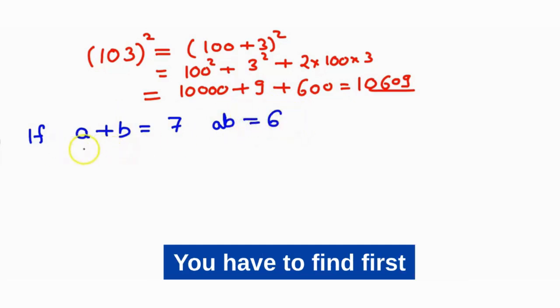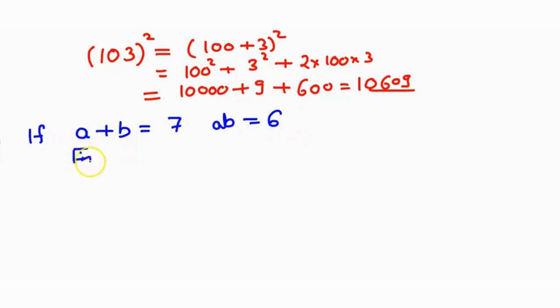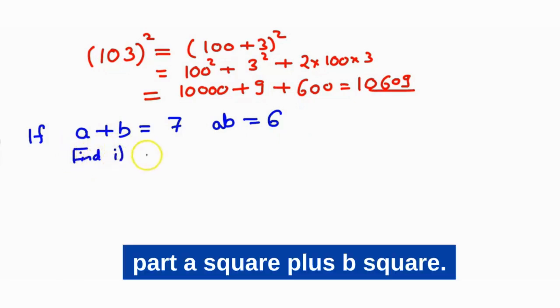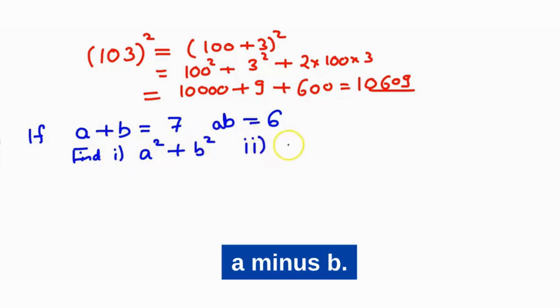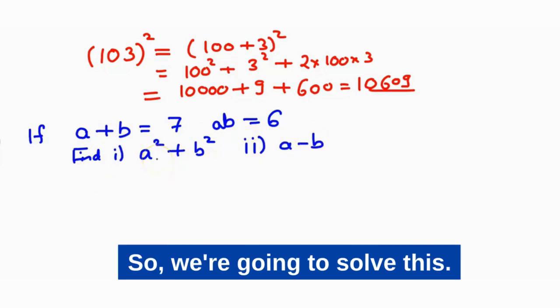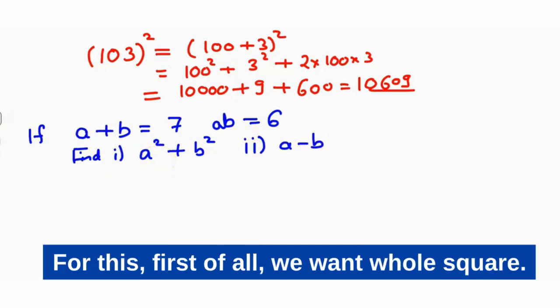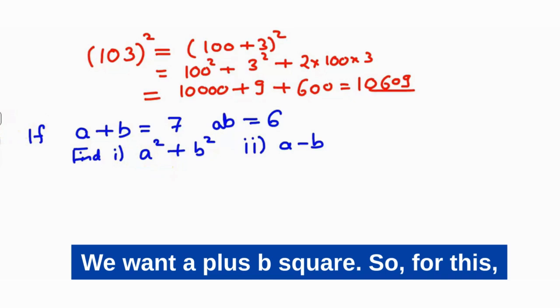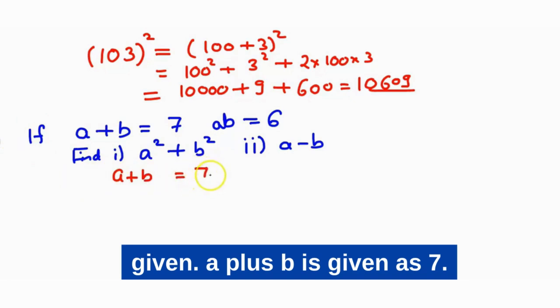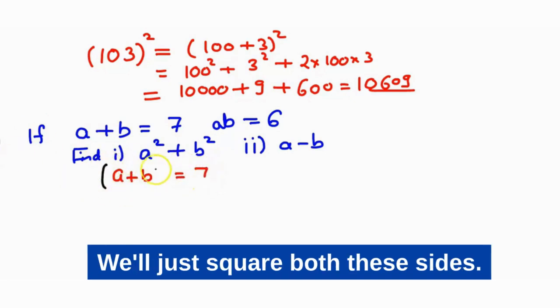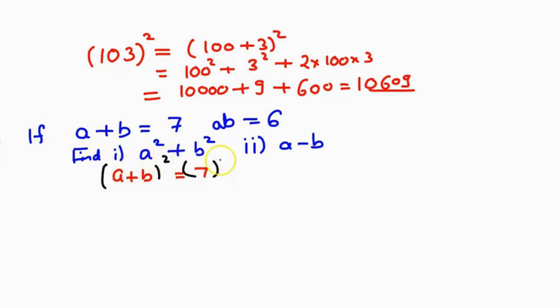You have to find, first part, a square plus b square, and second part, a minus b. So we are going to solve this. First of all, we want a plus b whole square, so we'll square both sides of the equation we are given. A plus b is given as 7, we'll just square both these sides.